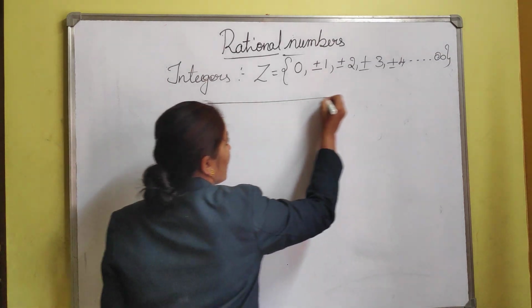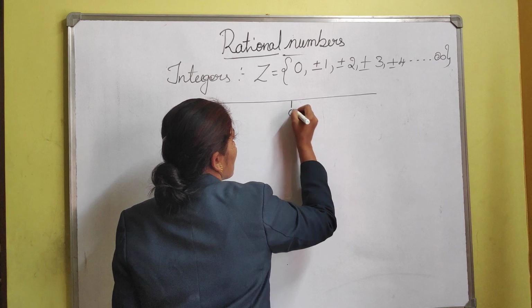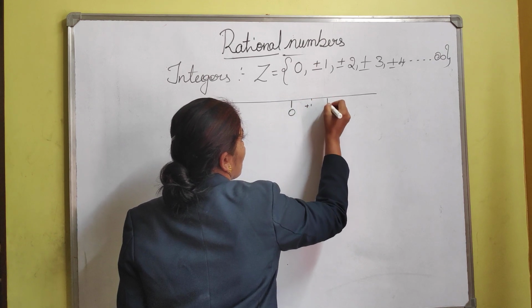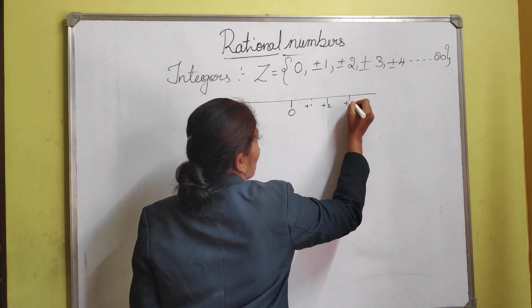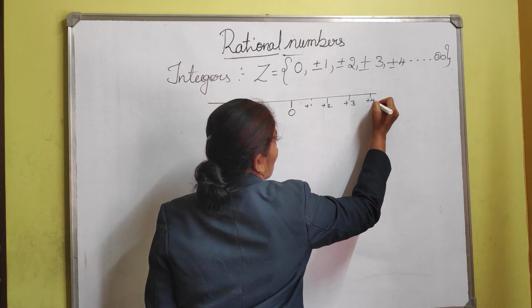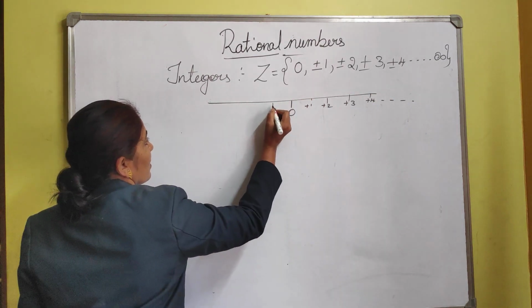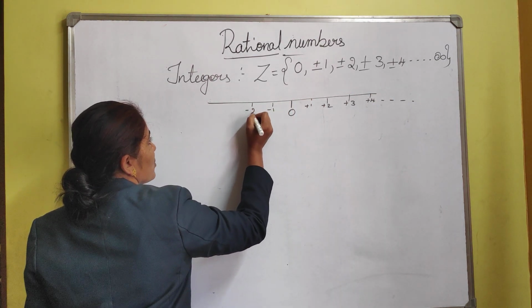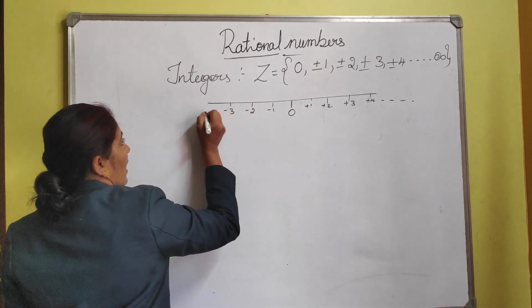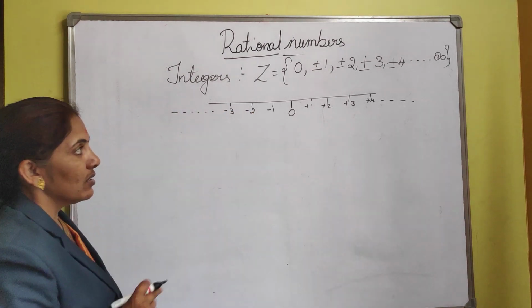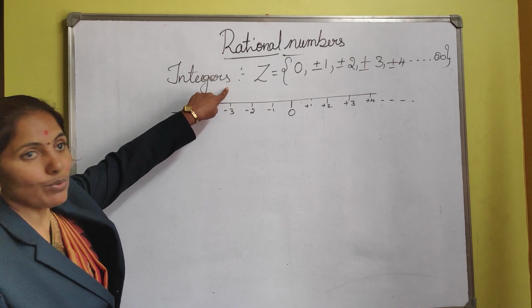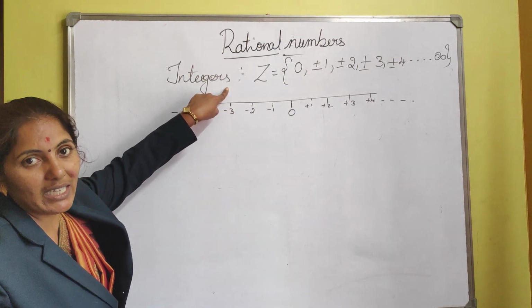You can recall the number line here. This is 0, plus 1, plus 2, plus 3, plus 4 and so on. In the same way, this is minus 1, minus 2, minus 3 and so on. If you recall this, it's very easy to remember what integers are.